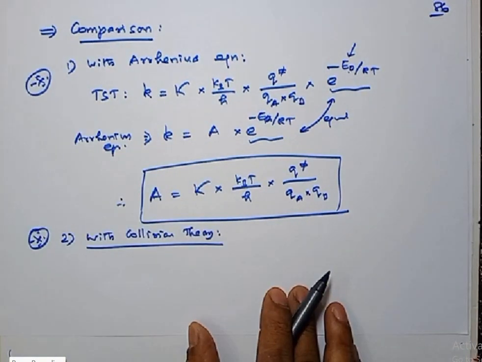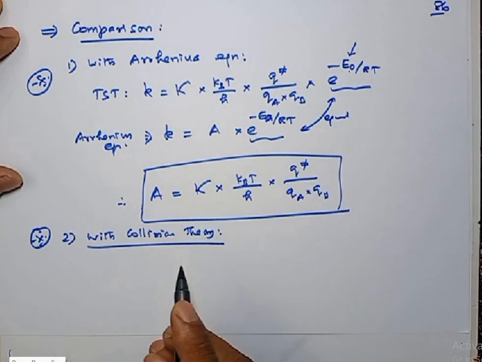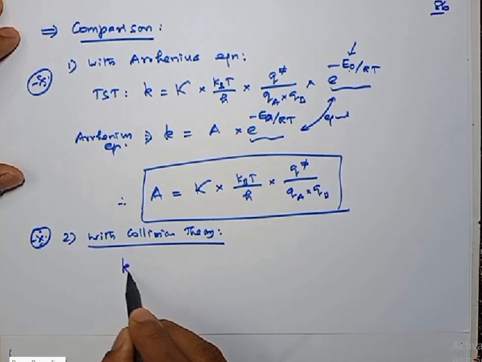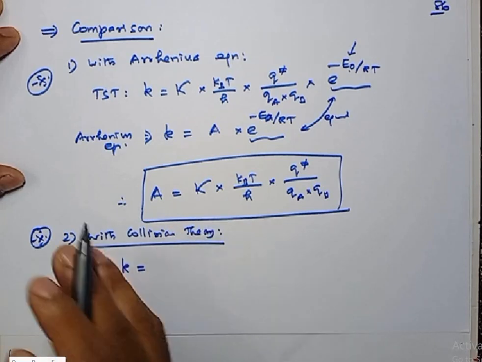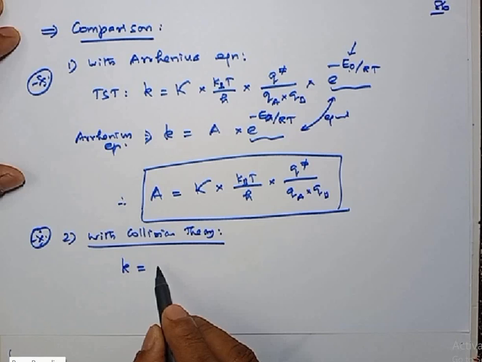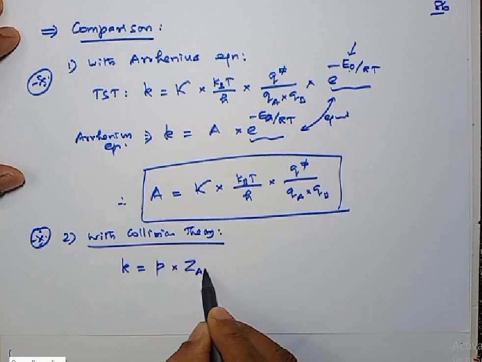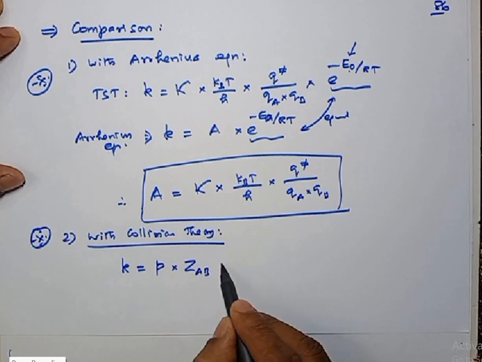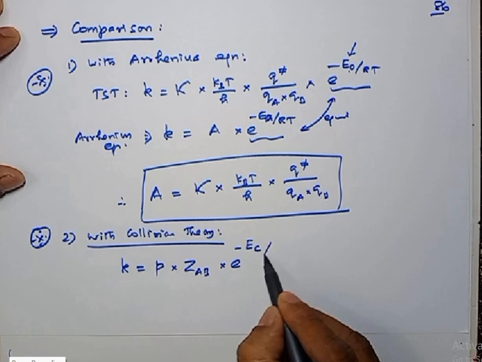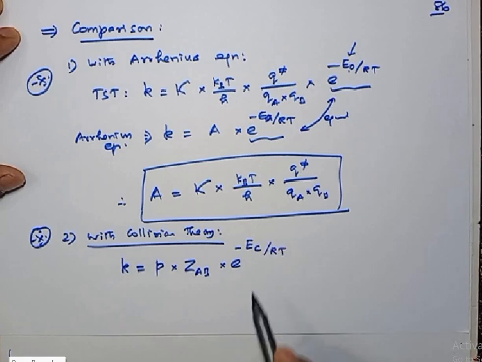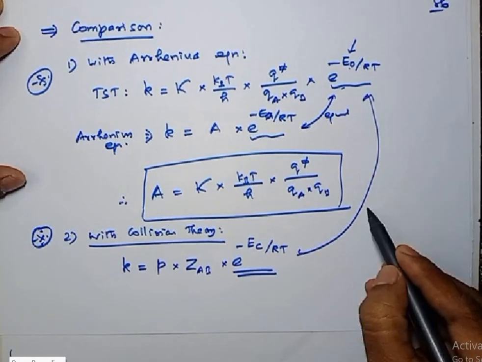With the collision theory, listen. From collision theory, you know very well, the rate constant k for a bimolecular reaction involving unlike species is equal to steric factor P into collision frequency Z_AB into e power minus collision activation energy by R. Let us assume that this quantity and this quantity are the same, they are equal.